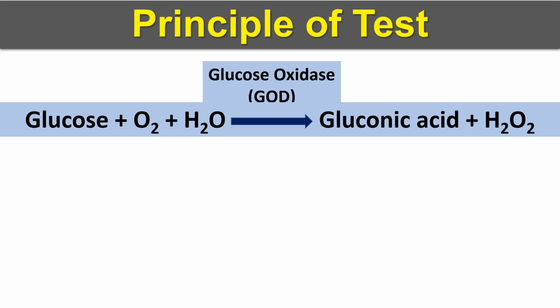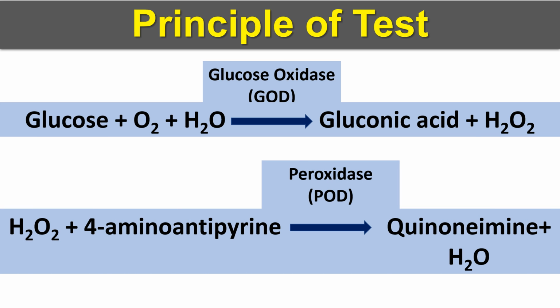This is the first reaction, and the H2O2 produced here is used in the second reaction. The hydrogen peroxide is broken down to water and nascent oxygen, and that oxygen reacts with 4-aminoantipyrine and phenol, ultimately giving us quinoneimine, which is a colored compound. This is a chromophore, a chromogenic compound. This produces the color.